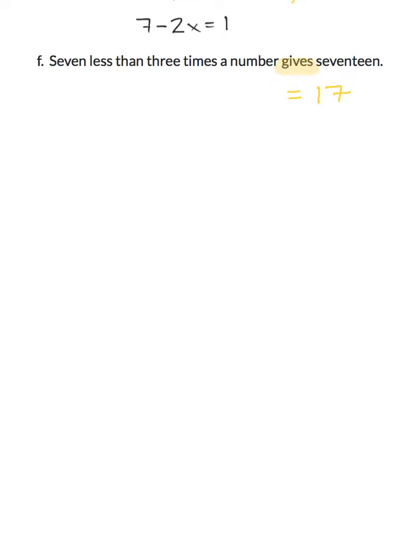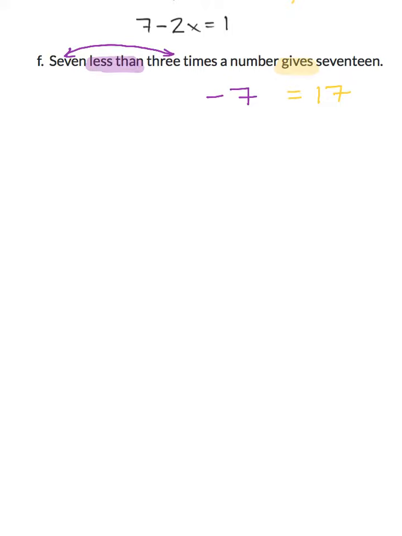So if we start on the beginning of the problem, we have 7 less than. Since I have that phrase less than again, I know that this needs to be a reverse order phrase. So this is not going to be 7 minus something. This is going to be something minus 7. The other thing that we have here is 3 times a number. So here you have to be careful.